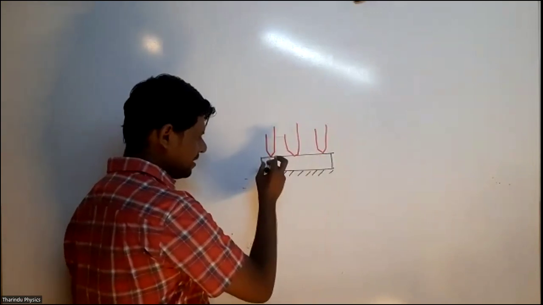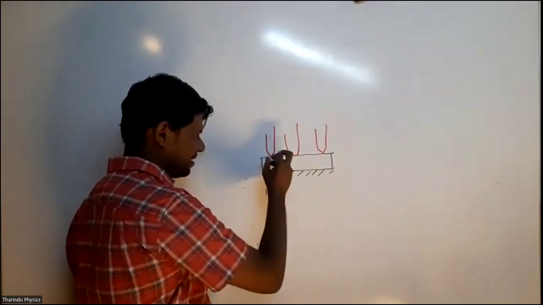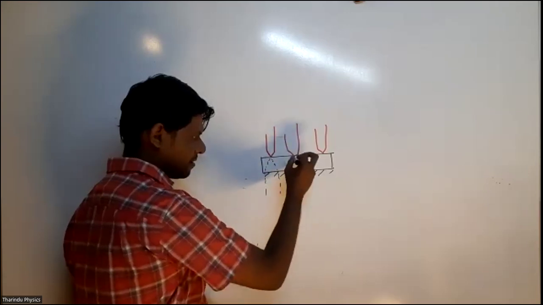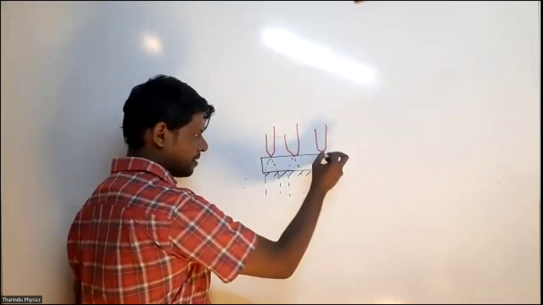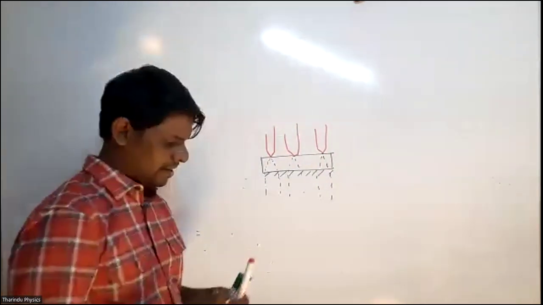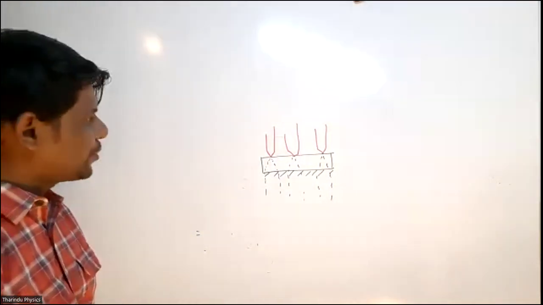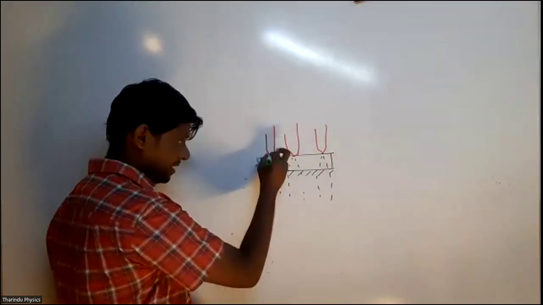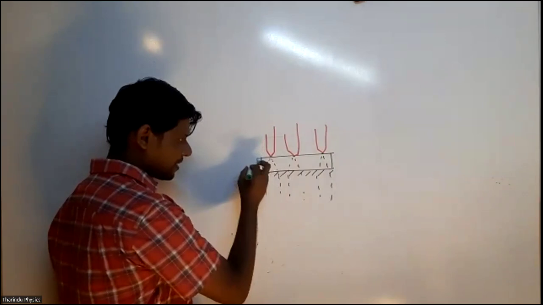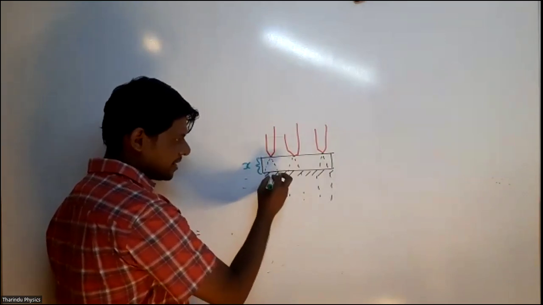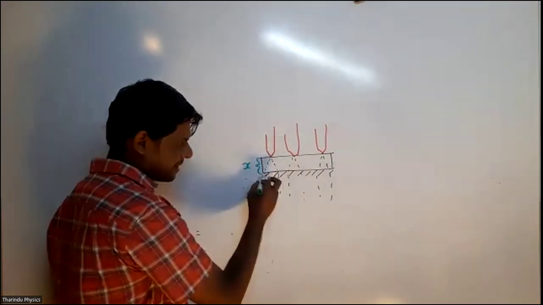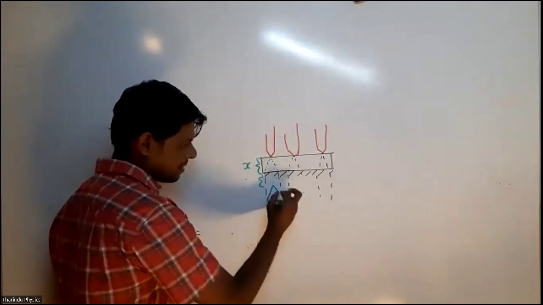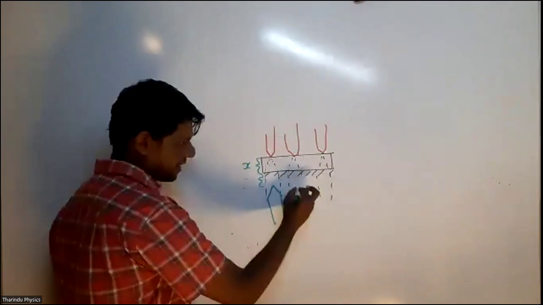It is very indistinguishable. But for the main image, if the distance from the upper surface to the shining surface is x, it will create the image another x distance downward. It will create it in this way.